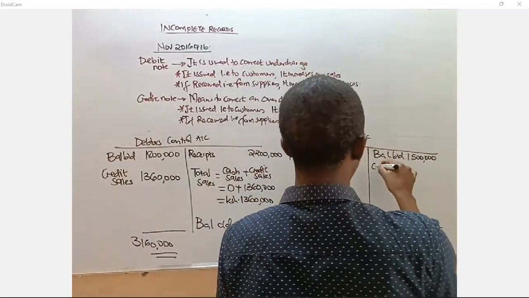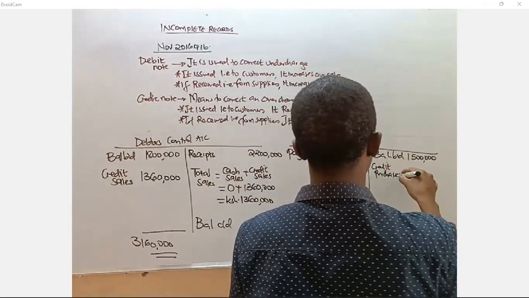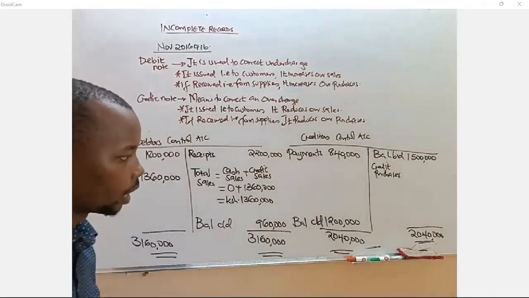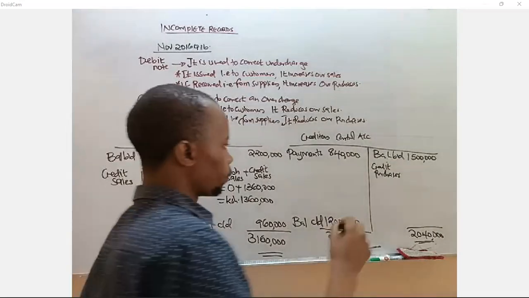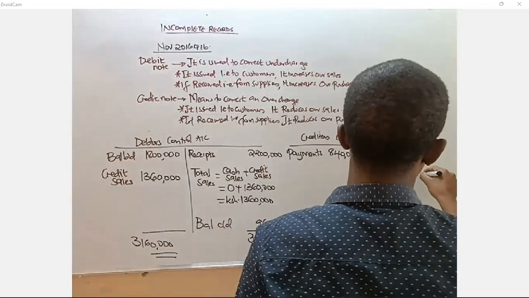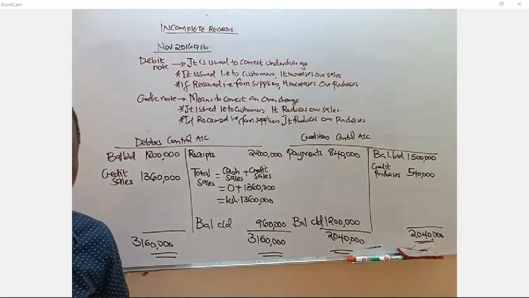Ask yourself, how much is my credit purchases? Our credit purchase should be how much? So I just need to take 2,040 minus 1,500, and I'm getting 540,000. That will be my credit purchases.